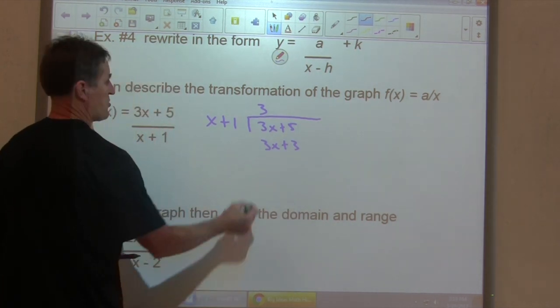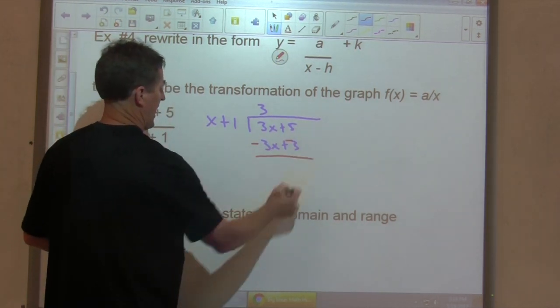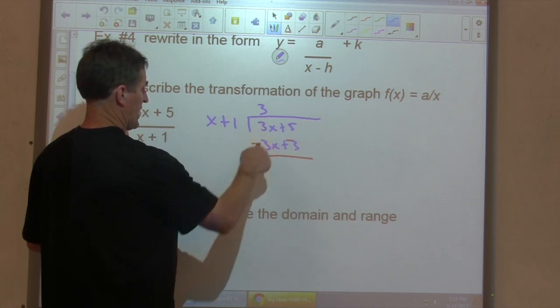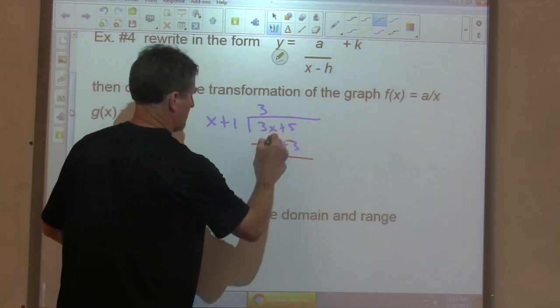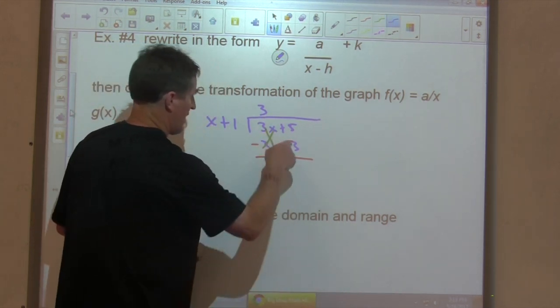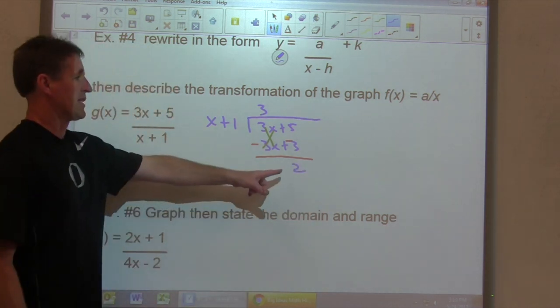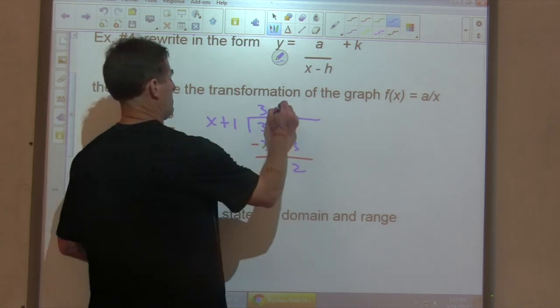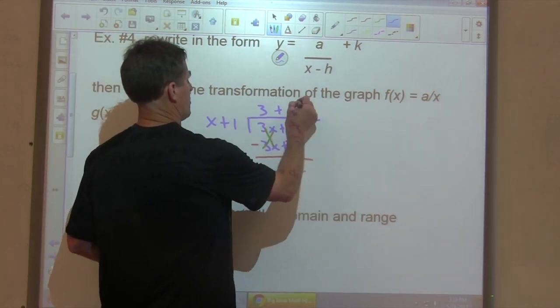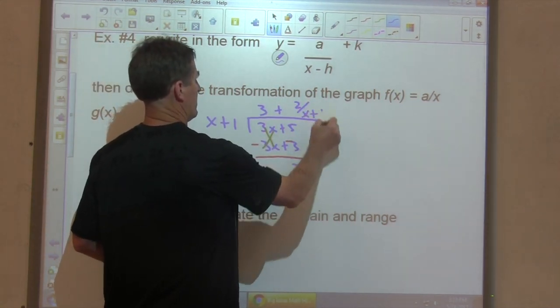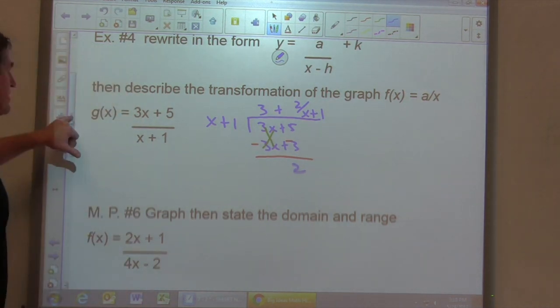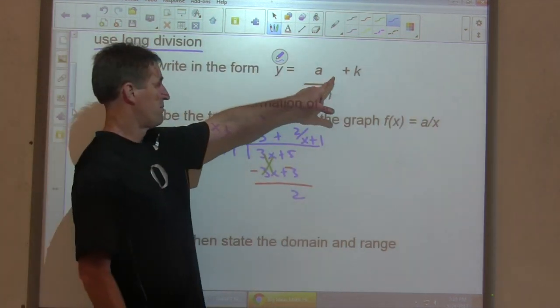Then remember, we're going to subtract, so we change the signs and add. So the 3x and the negative 3x cancel. And we get 5 plus a negative 3, which would be 2. So now remember, this is my remainder. So this would be 3 plus 2 over x plus 1. Well, look what happens. We want it in this form.